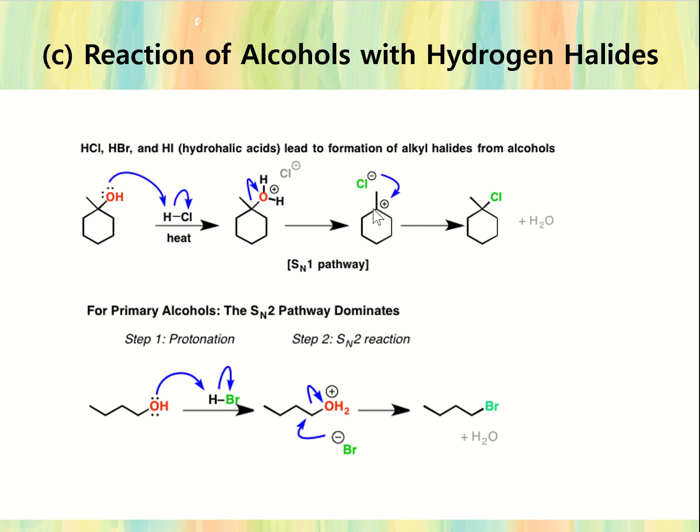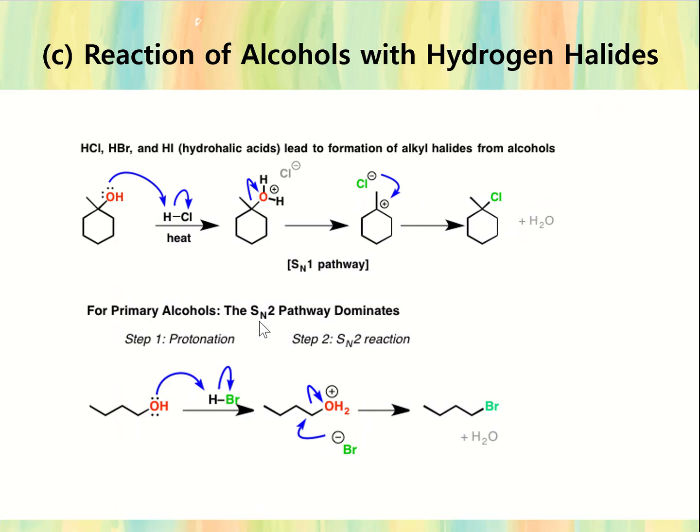And so we end up with a tertiary carbocation, which is very stable. And then we have the halogen, which can attack our positive center to end up with our halide here. And that's for tertiary alcohols.